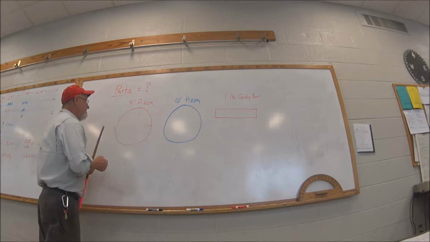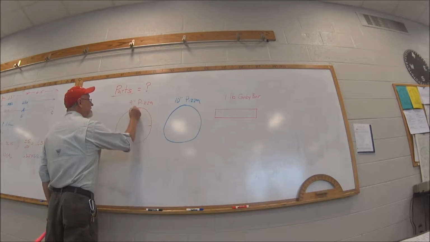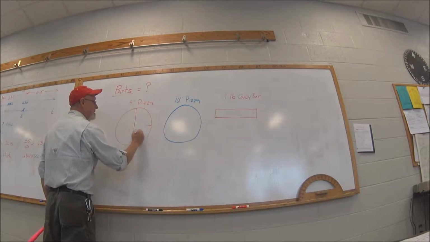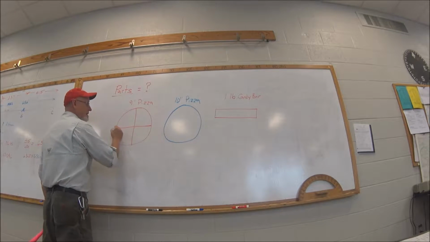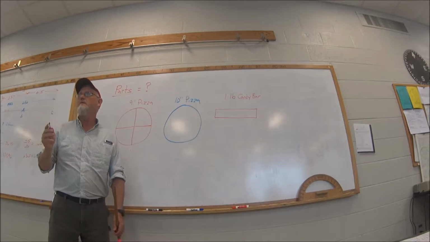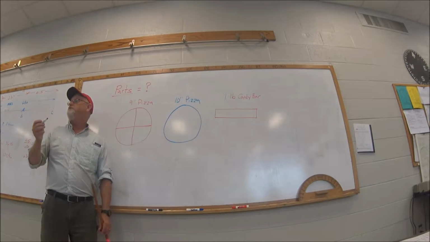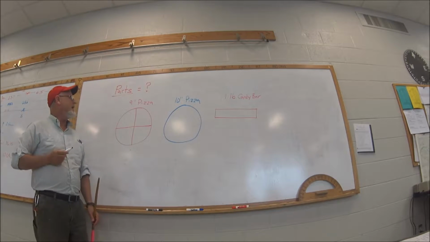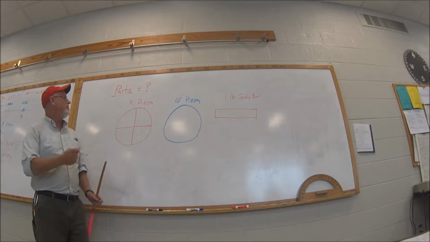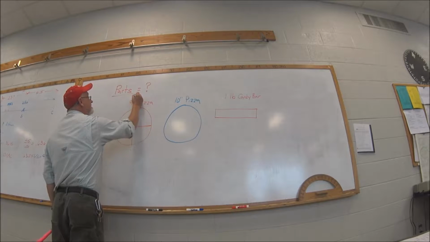Now let's say we cut it again. Now we have 4 parts. What would a part weigh? 2.5 pounds. Now, this was a 10-pound pizza.